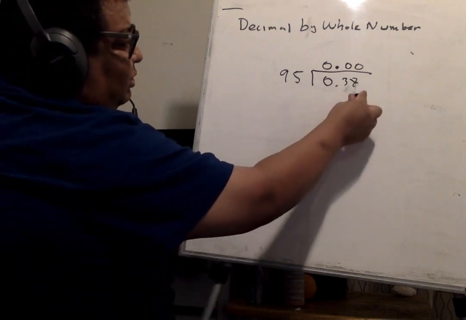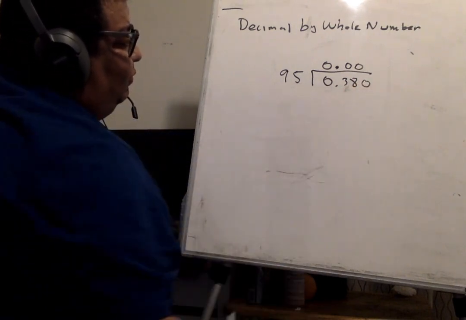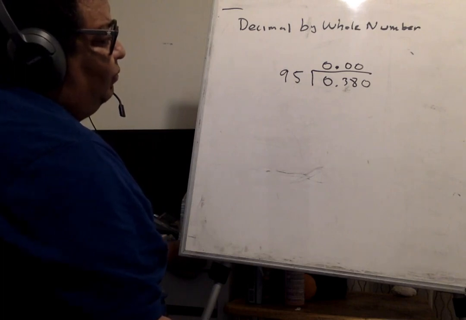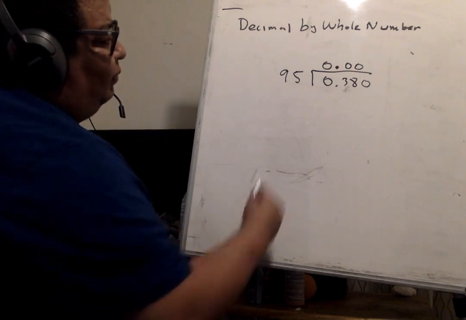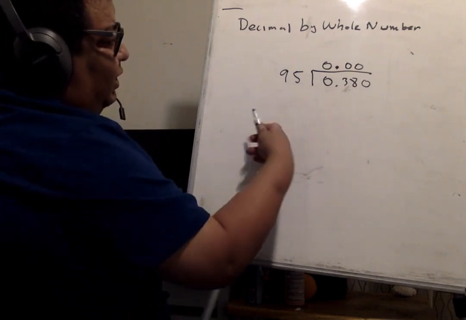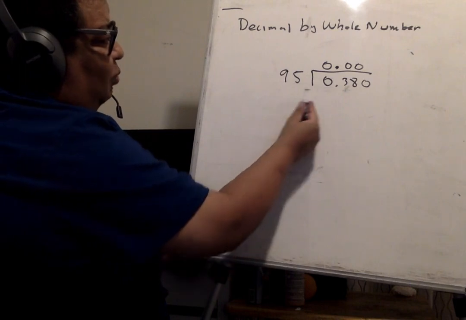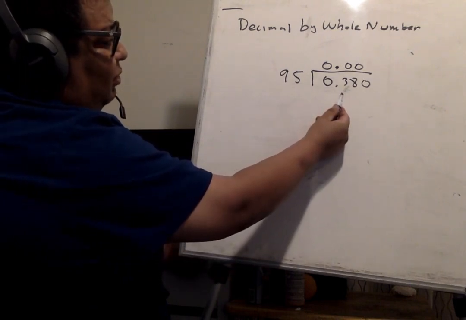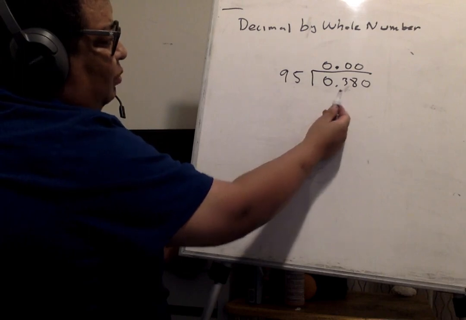Okay, so now let's assume we bring down a 0, for the first time. Okay, does 95 go into 380? Yes. So how many times? Well, in 300 is 3 times. So in 380 it will be about 4 times.